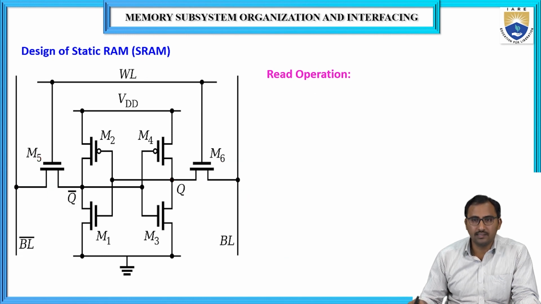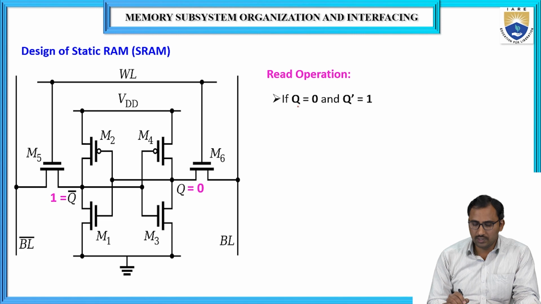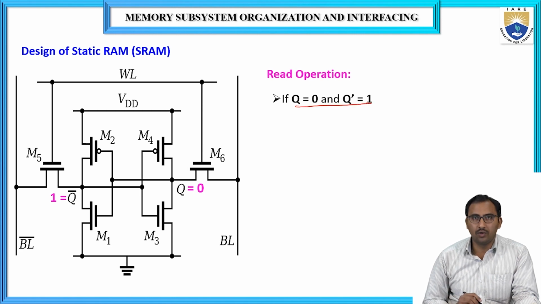Consider the other case, that is, Q is equal to 0 and Q bar is equal to 1. When we are performing a read operation, WL is equal to 1.